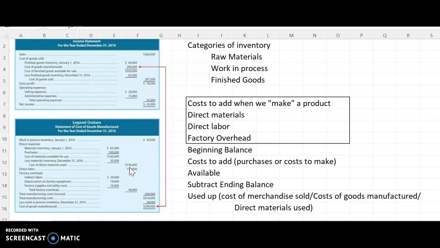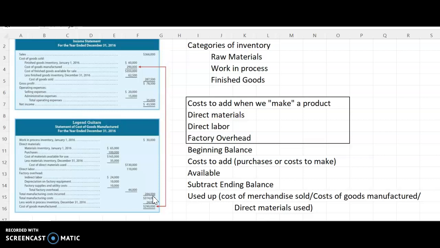We have direct material, direct labor, and factory overhead. When I add my direct material, my direct labor, and my factory overhead, that gets me to total manufacturing costs for the period. Total manufacturing costs incurred during the period.